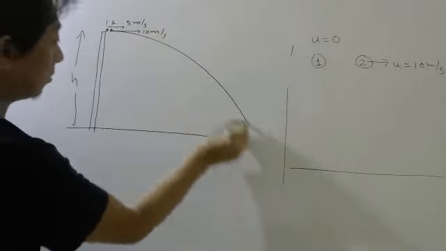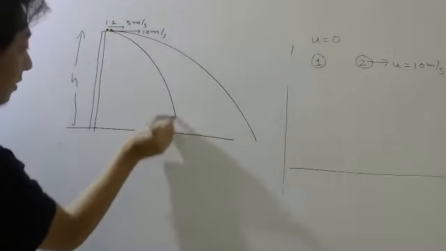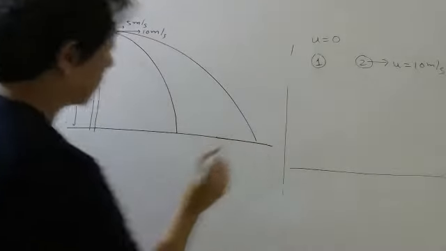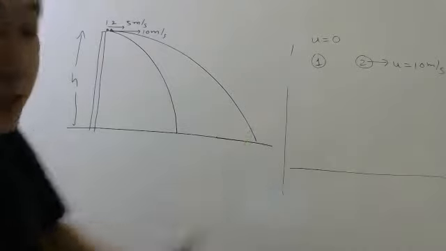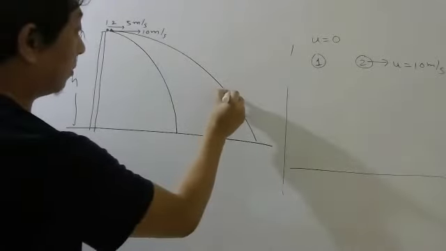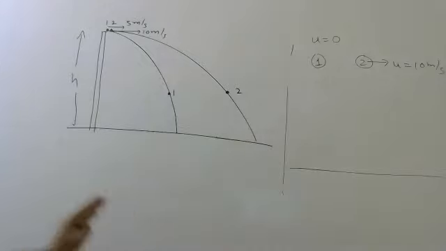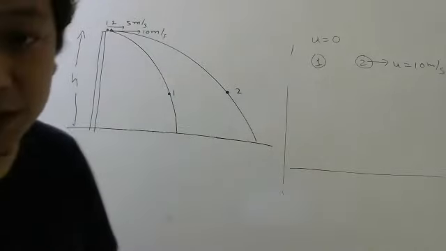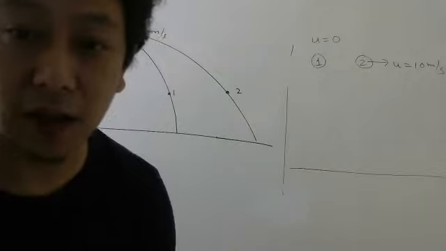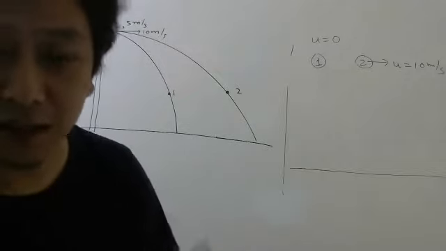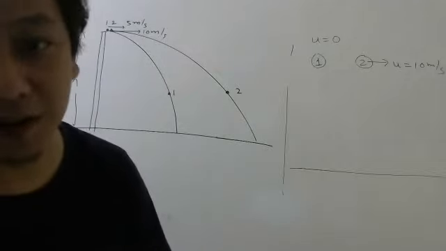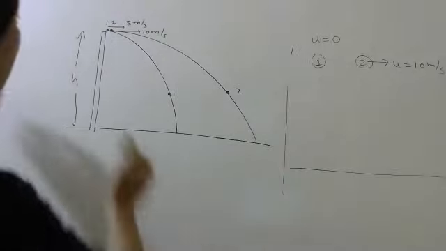Then ball number 2 will go like this, ball number 1 will go like this. So the horizontal distance covered will be more for ball number 2 than for ball number 1. But time taken will be the same, because time taken does not depend on the x component of velocity. It depends on the y component of initial velocity.